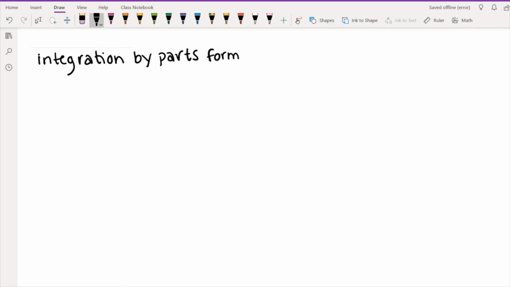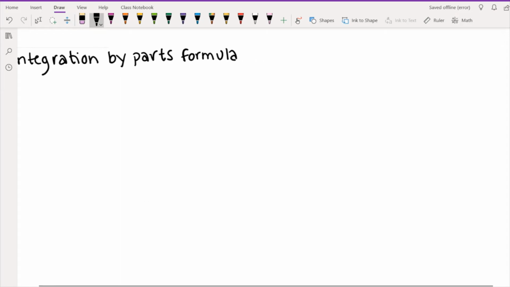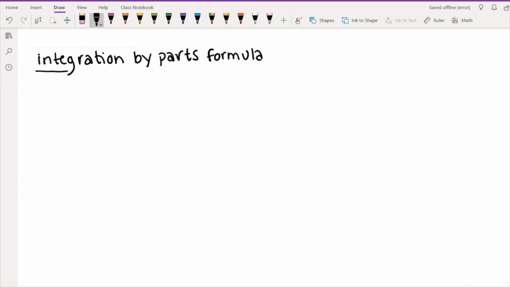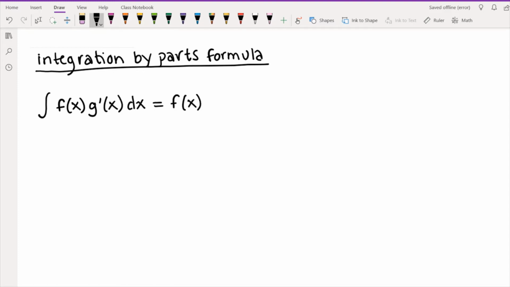So the notation that we just used, basically the fact that we called it f of x and g prime of x. So we said that the integral of f of x times g prime of x dx is equal to f of x times g of x minus the integral of f prime of x times g of x dx.